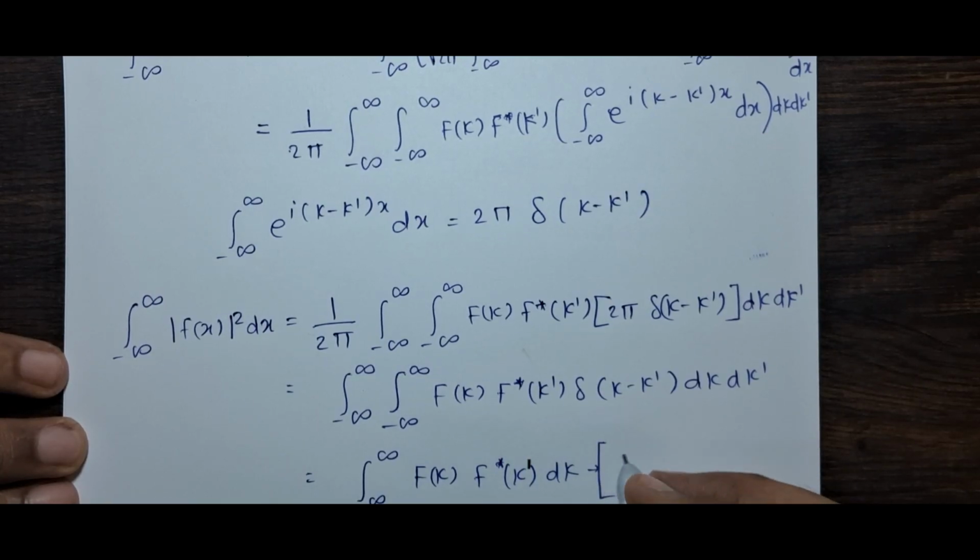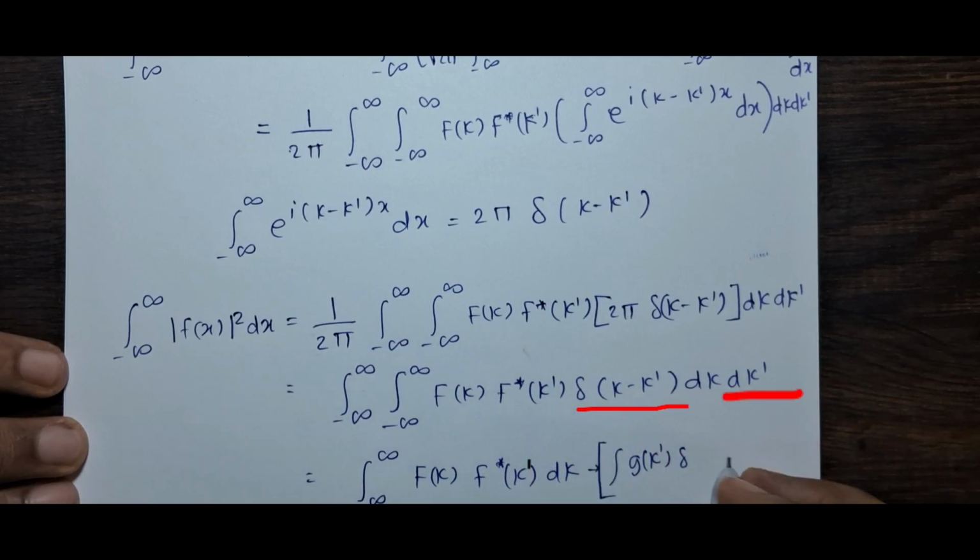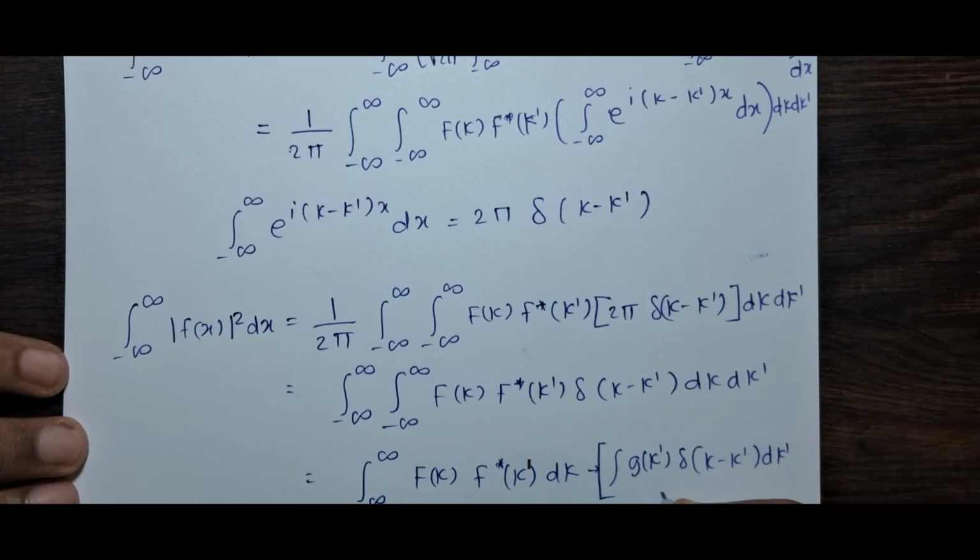This is basically if there is an integral and there is this, which we just now had, something like this part and this part, delta k minus k dash dk dash, this basically becomes g of k, which becomes very handy for this solution of Parseval's theorem.